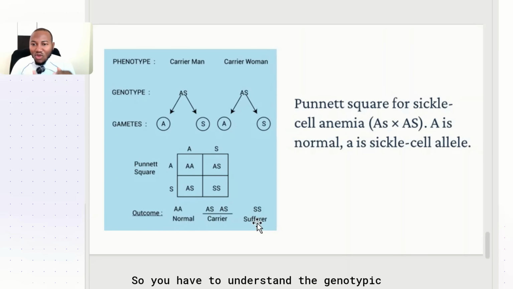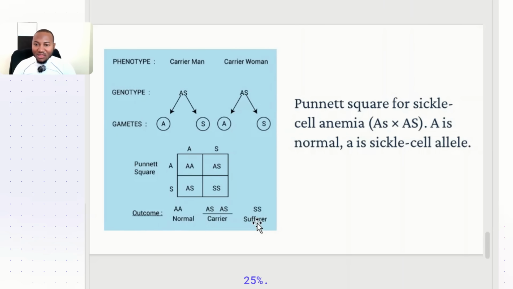So you have to understand the genotypic calculation and the phenotypic calculation. Phenotypic calculation: this person is normal, this person is not normal. So 75%, 25%. Genotypic calculation: this person is normal, this person is a carrier, and this person is a sufferer. So 25%, 50%, and 25%. This is how to arrange the Punnett square. This is what the Punnett square is about.